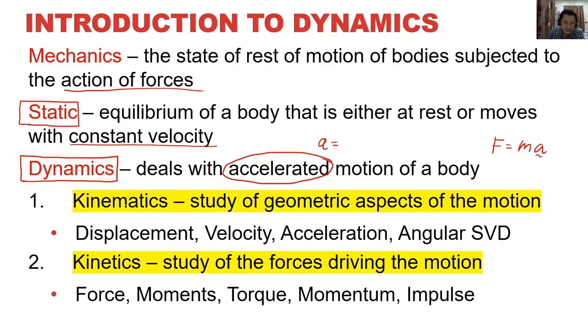Under dynamics, you have kinematics, which you study in the previous page. You only study the geometric aspect, geometry only. So you learn about displacement, which is in meters, velocity in meters per second, acceleration in meters per second squared, and also angular quantities like theta, theta dot, theta double dot, or theta, omega, and alpha.